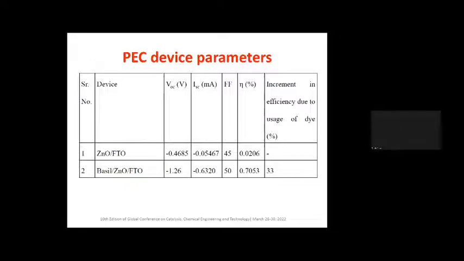We can convert the various light that we get in our house for solar electricity as well as power, and we are getting higher efficiency. It's about 33% higher than the basic device.